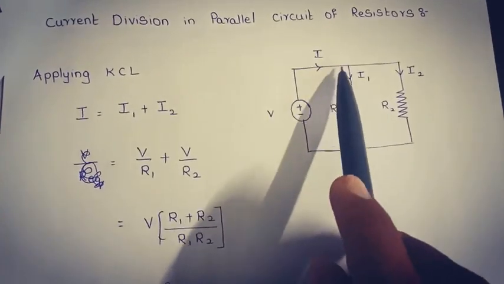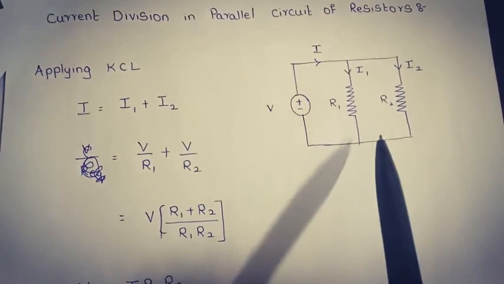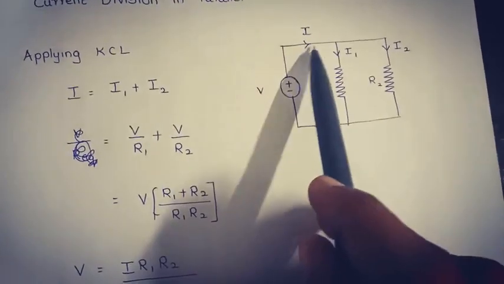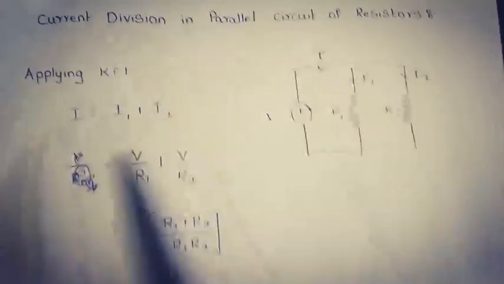Applying KCL, the sum of currents entering should be equal to the sum of the currents leaving the junction. The entering current is I and the currents which are leaving are I1 and I2.